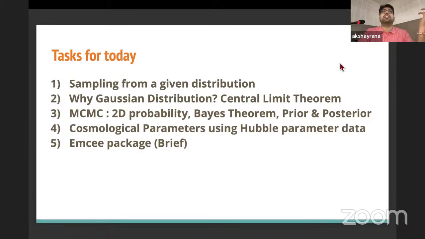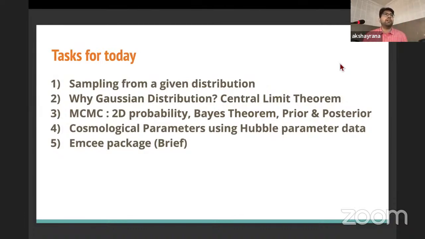There is a random library: if you use random.uniform, you can easily generate uniform random numbers, and if you use random.normal, you can generate normal random numbers. But when working on a problem, you may come across a probability distribution function which is not inbuilt in the Python library. So we'll try to understand, in case I give you a random PDF, how you can generate the corresponding random numbers. This is the first thing.